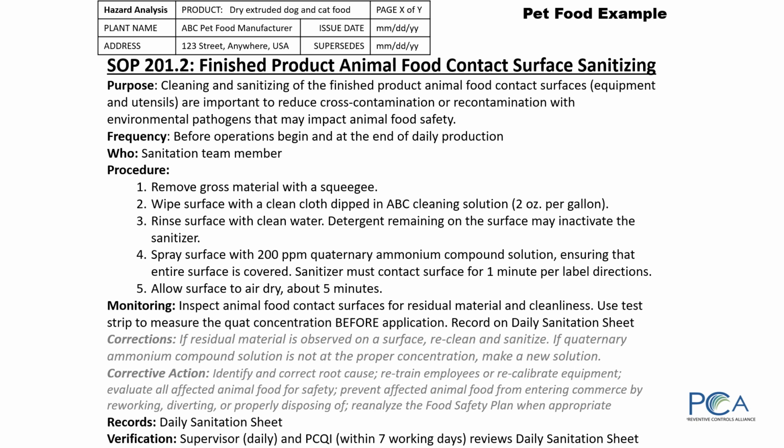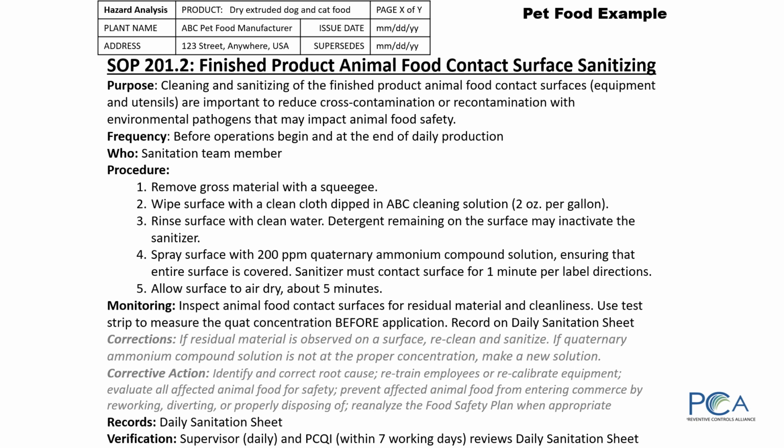Simple as that. If quaternary ammonium compound is not at the proper concentration, make a new one, okay? So pretty simple solutions for fixing these things without actually affecting any product whatsoever, okay? And then on my monitoring record that we just looked at, I can just make a little note that says I had to re-sanitize this.